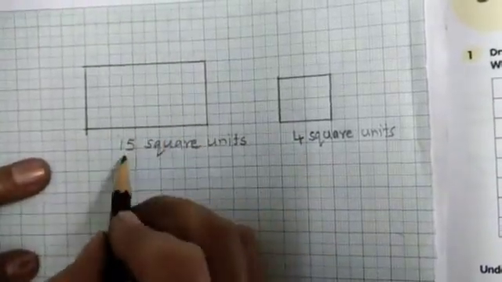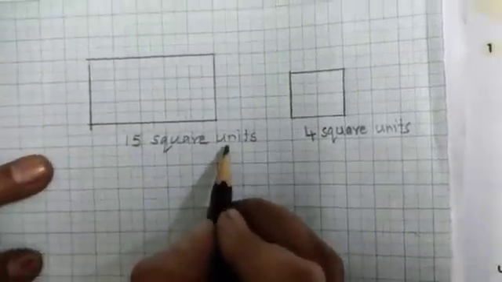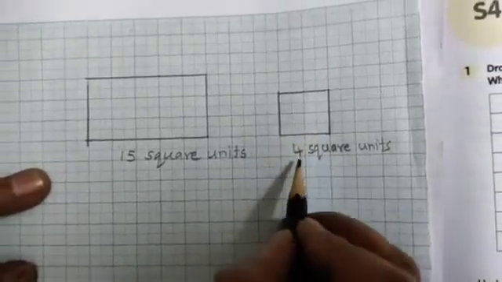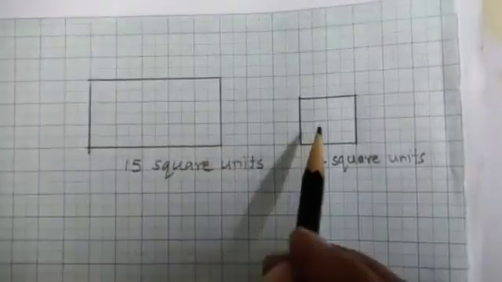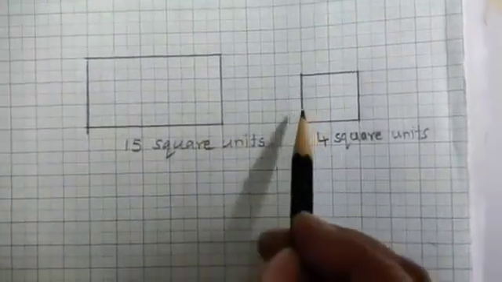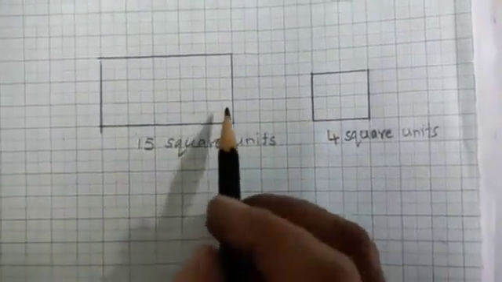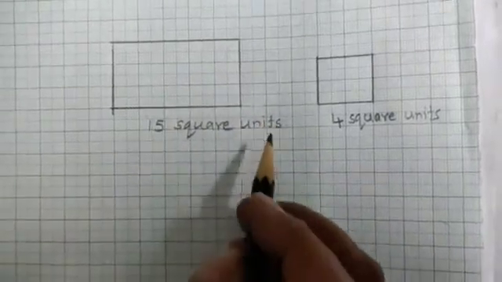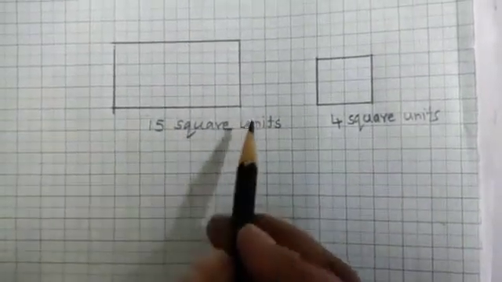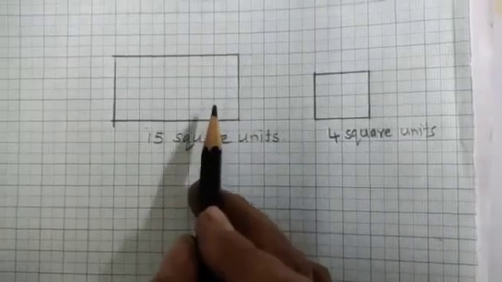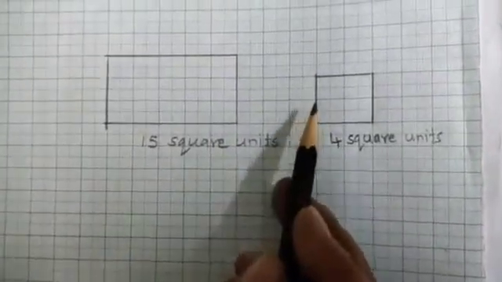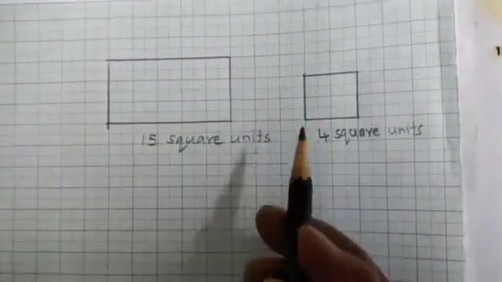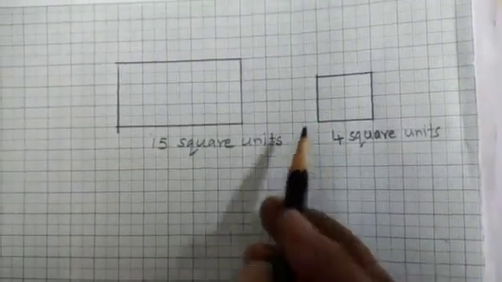Area of the first shape is how much? 15 square units, and area of the second shape is 4 square units. How will we compare, children? Which is bigger? Which shape has the bigger area? I will tell you, the shape having more number of shaded squares on the square paper has the bigger area.